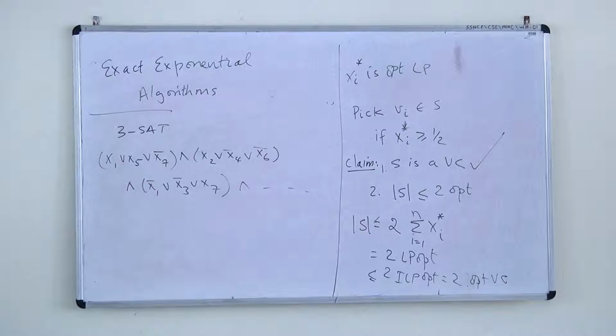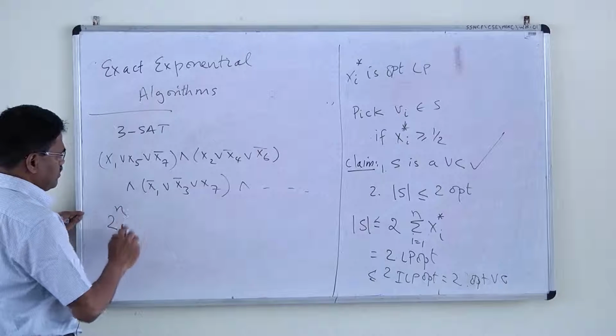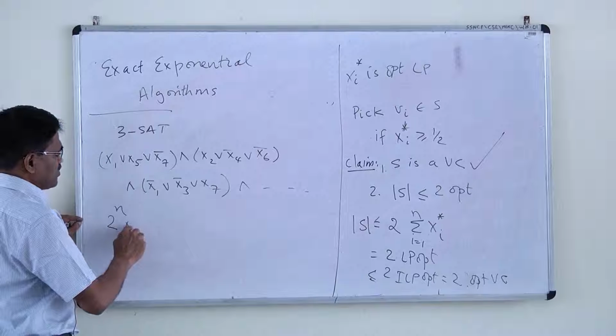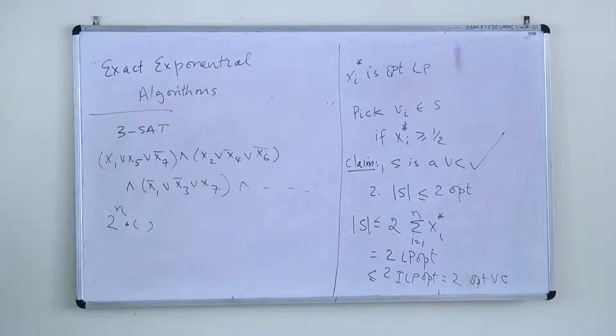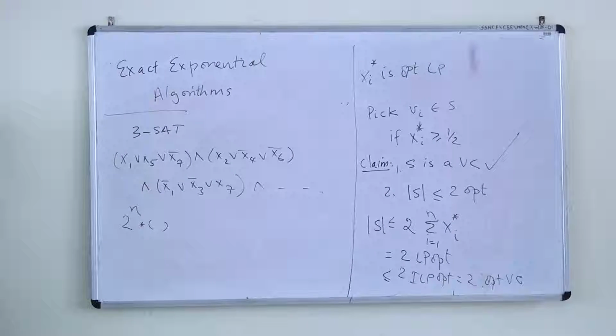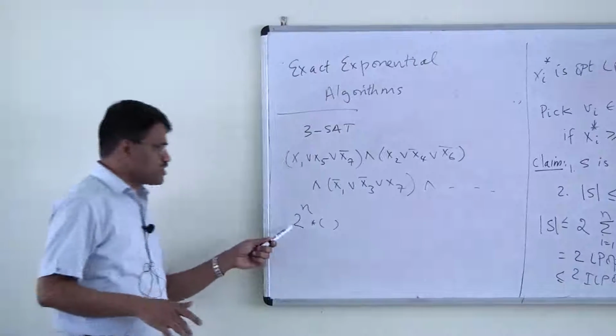Now, I want to know whether this formula is satisfiable. One brute force algorithm I know is 2 power n, times some small running time. So try every 0-1 assignment to all these n variables. Once you set an assignment, go to the formula and check whether it is satisfied. If not, try the next assignment and go on like this. You want to improve this too.